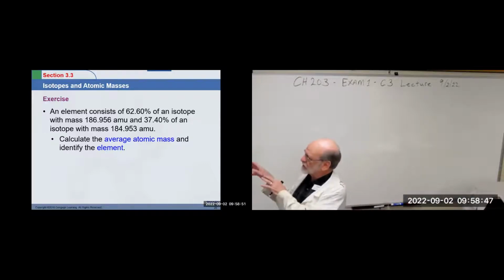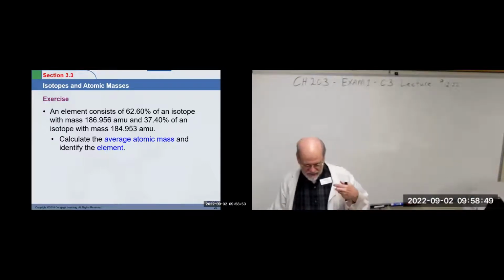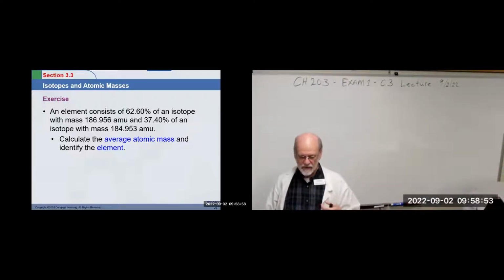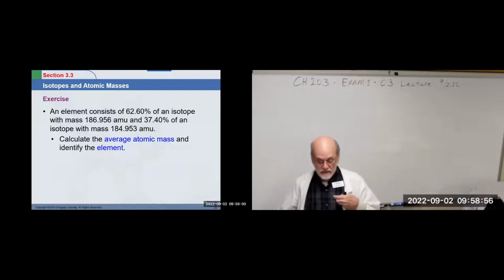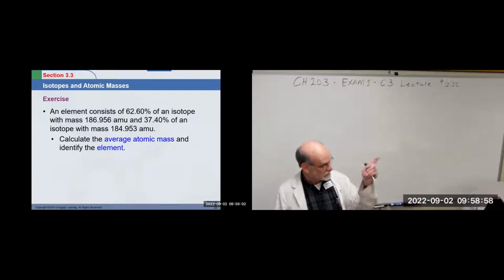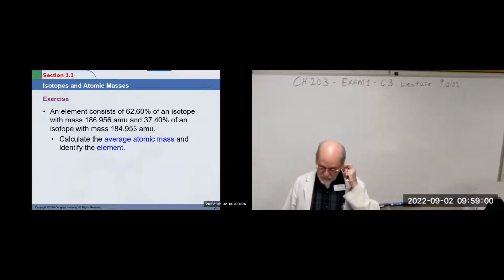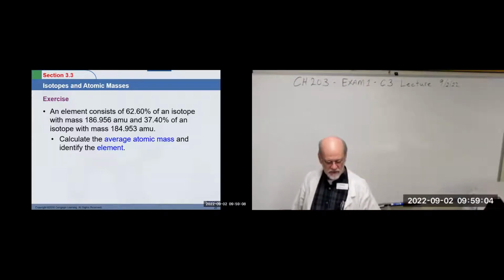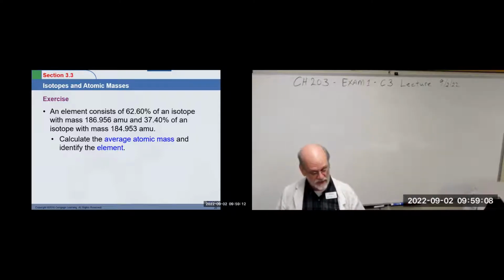So this particular problem is asking you for two things. What's the average atomic mass? The mass that you would find in the table for this element. If one isotope with a mass of 186.956 atomic mass units represents 62.6% of the isotopes in the mix.